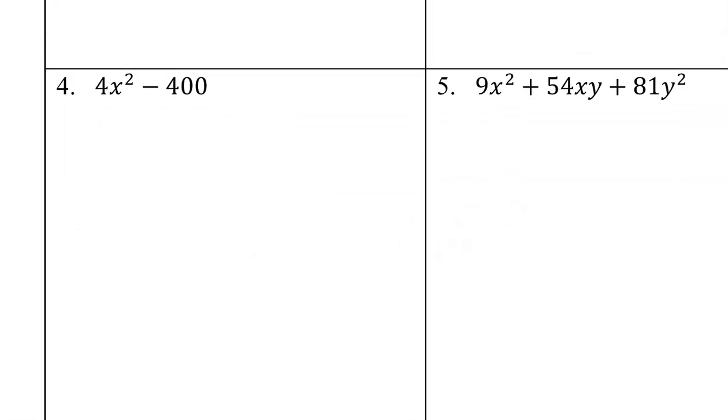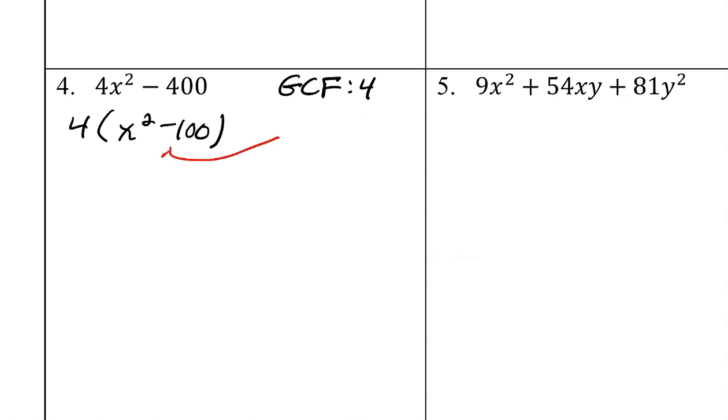Next, I'll jump down to number 4, factoring number 4. First thing I notice is we could do a greatest common factor. Both terms have a 4, so if we factor a 4 out, we'd get x squared minus 100. The next thing I realize is this looks like a difference, right? It's a minus sign. Difference of 2 squares.